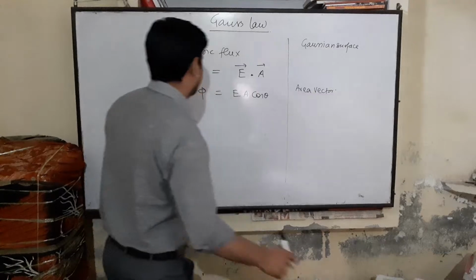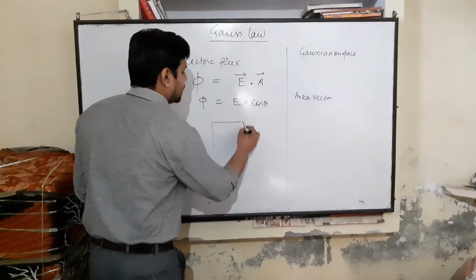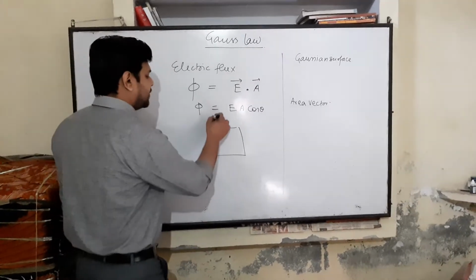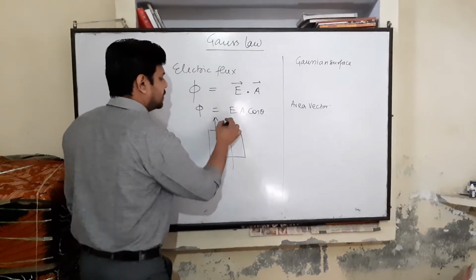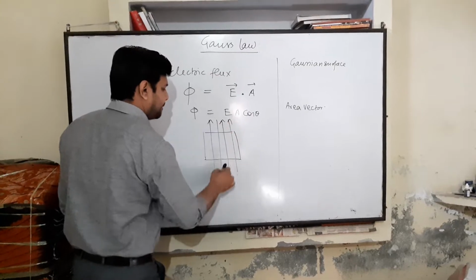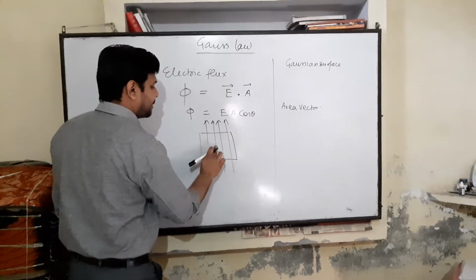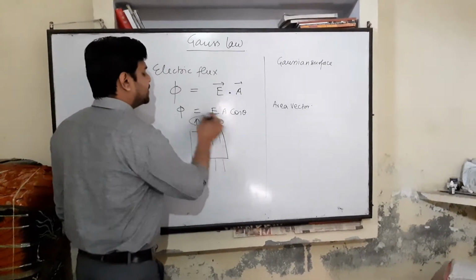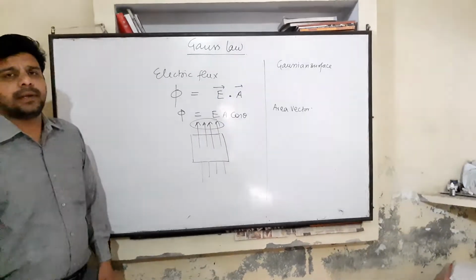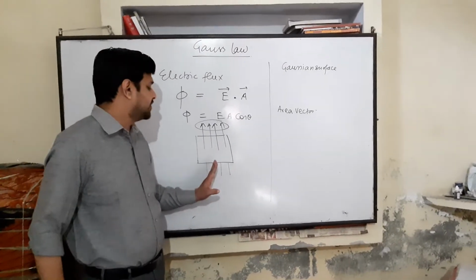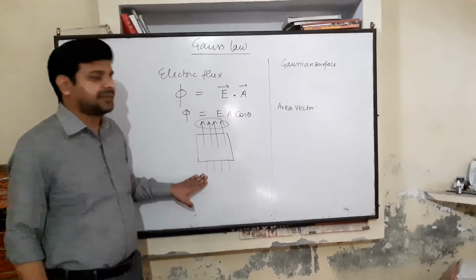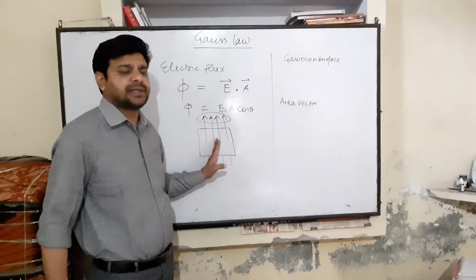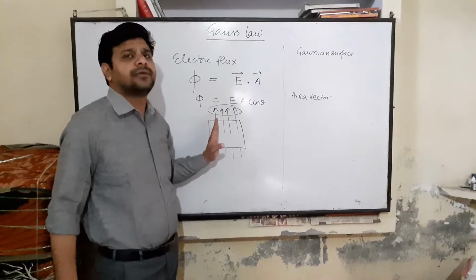Consider we have a square or rectangular surface and some electric field is passing through the surface. Then the number of these electric field lines is called electric flux. In this figure, 4 electric field lines are passing perpendicularly through this surface. Then the electric flux will be 4.